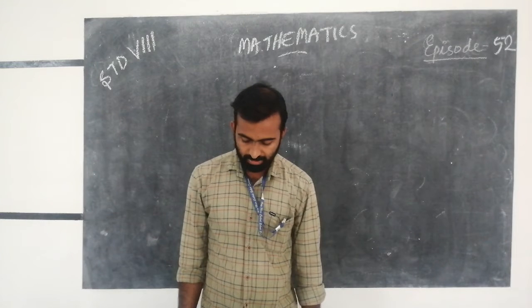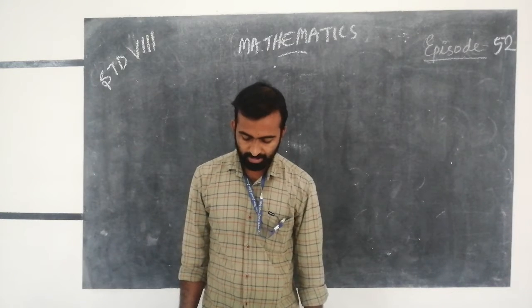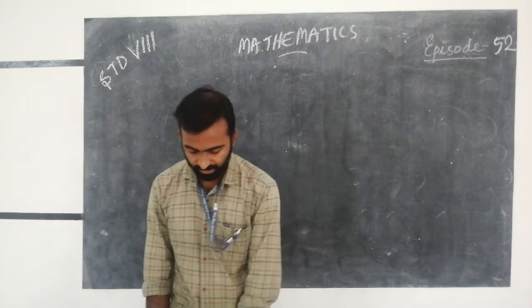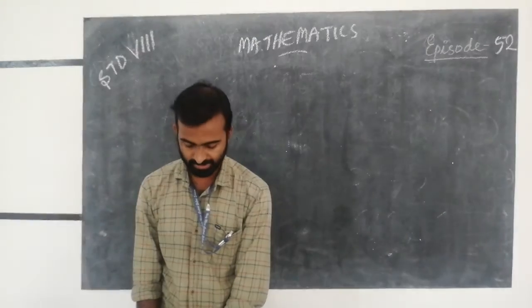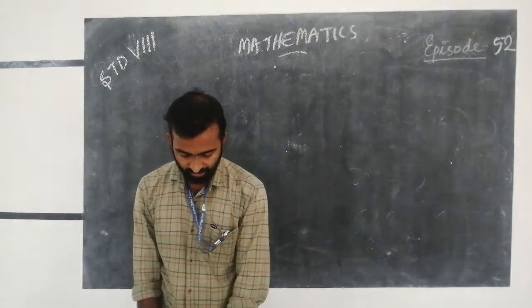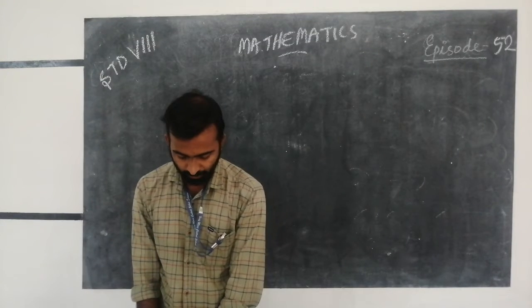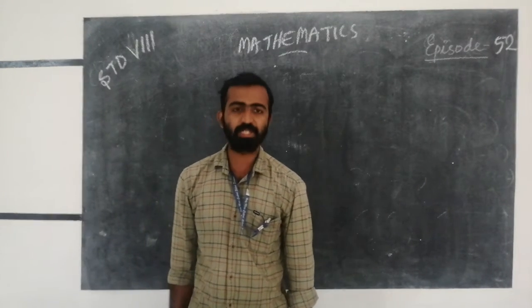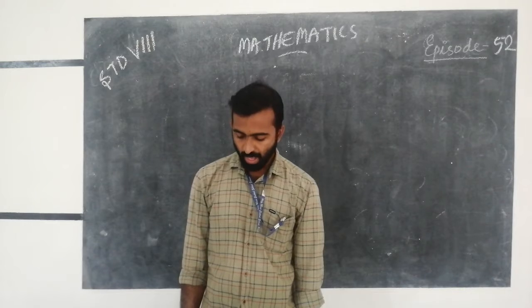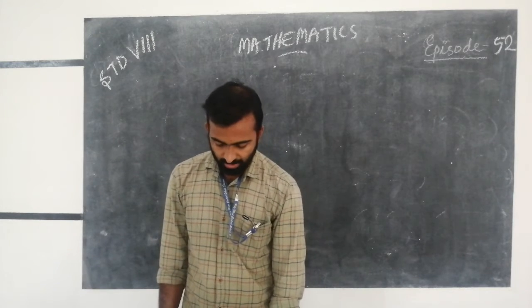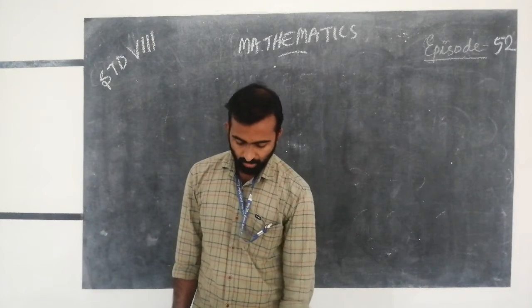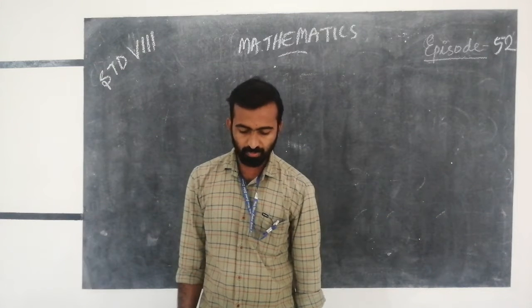The line segments in which the faces of a polyhedron meet are called edges. The points of intersection of the edges of a polyhedron are called its vertices. In a polyhedron, three or more edges meet at a vertex.